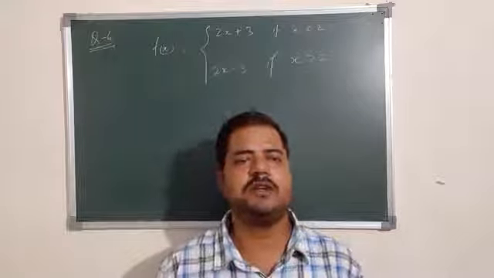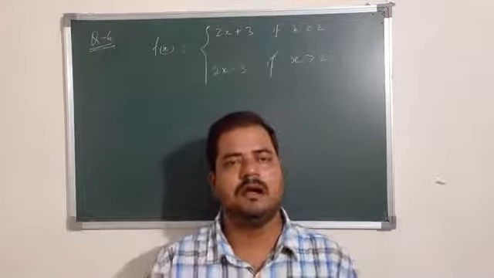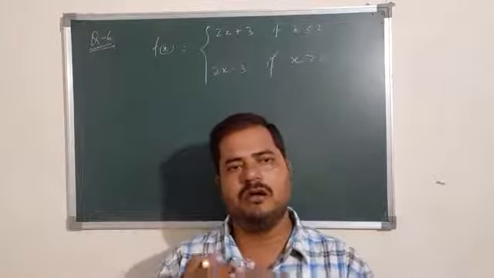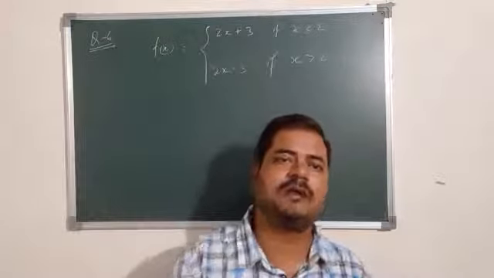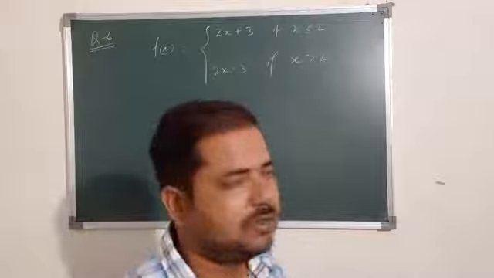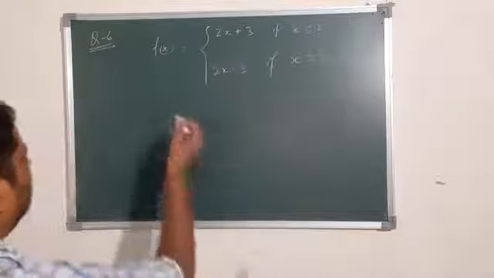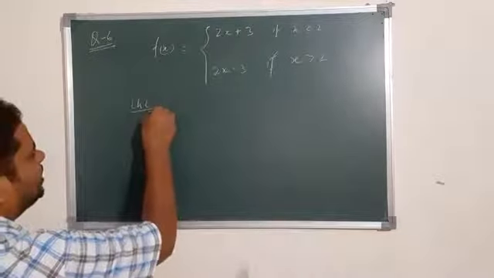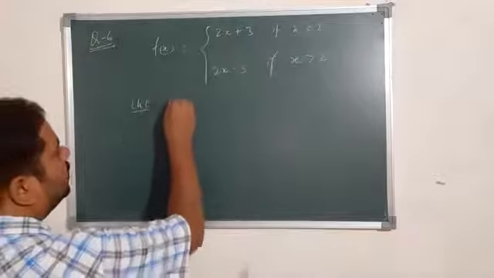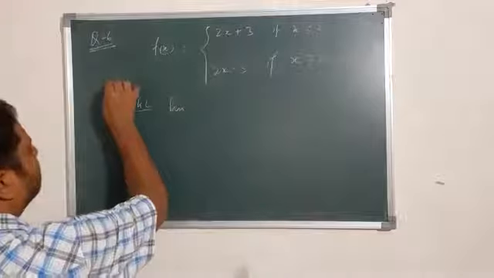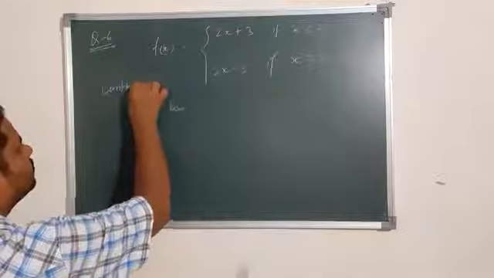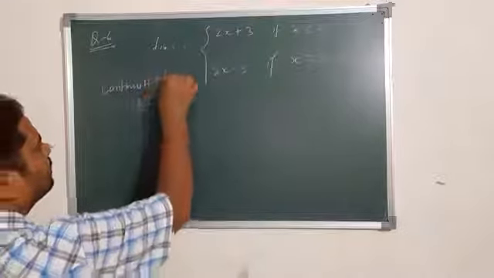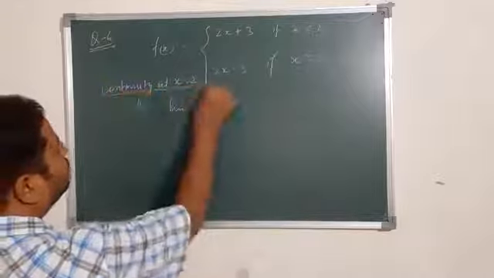We have to find the point where the function is discontinuous. So let us start. First of all, we find the LHL, checking continuity at x is equal to 2.